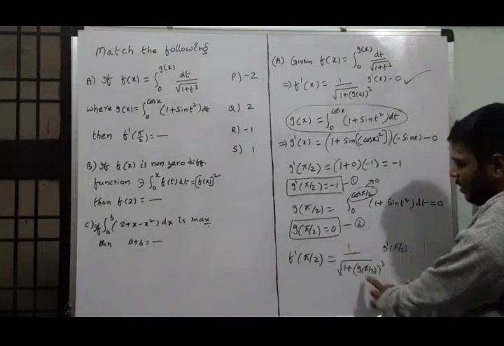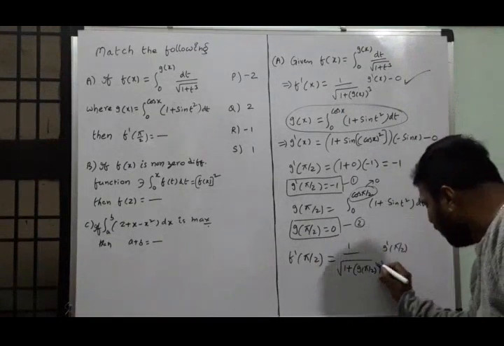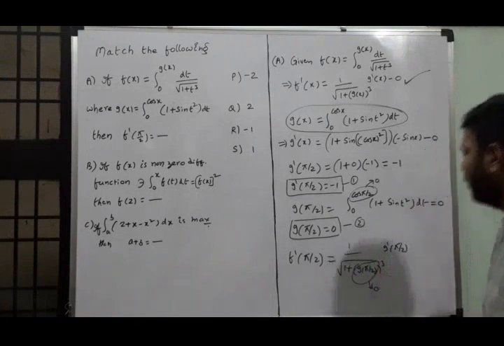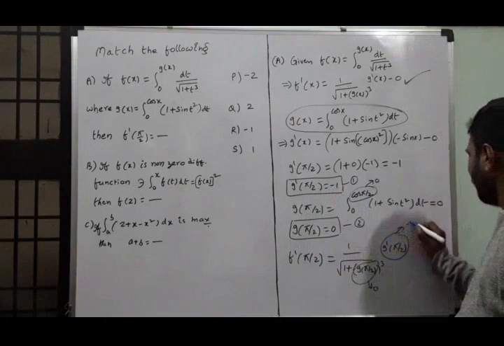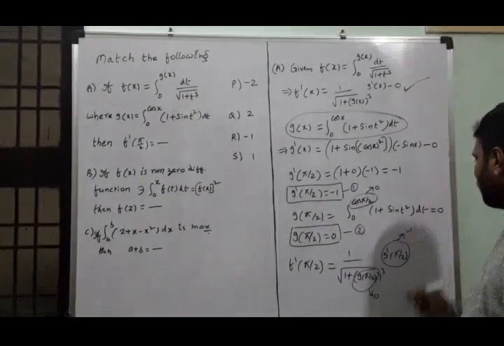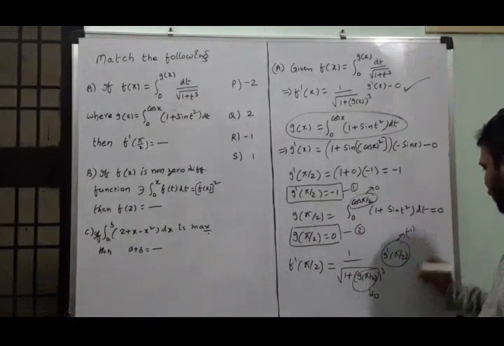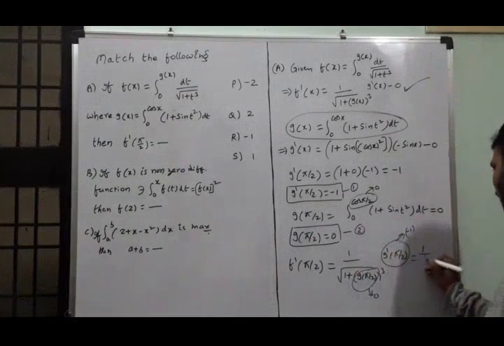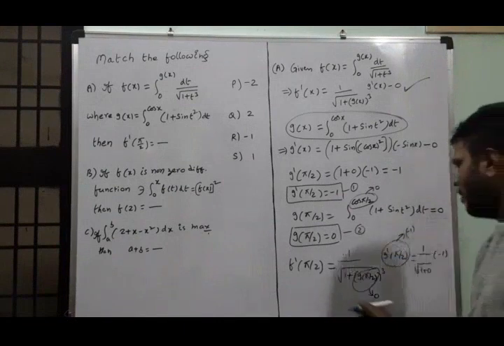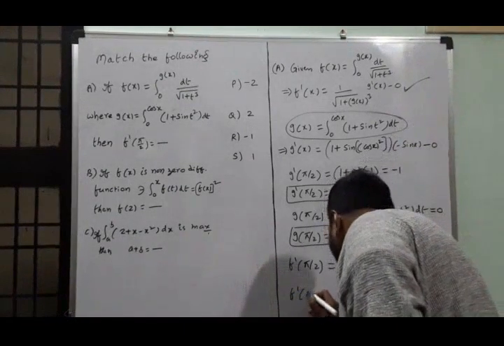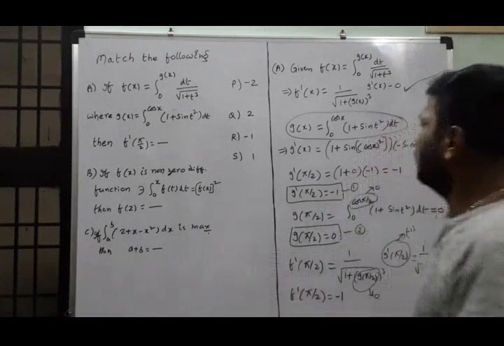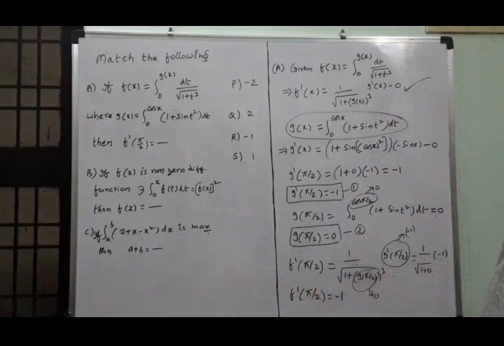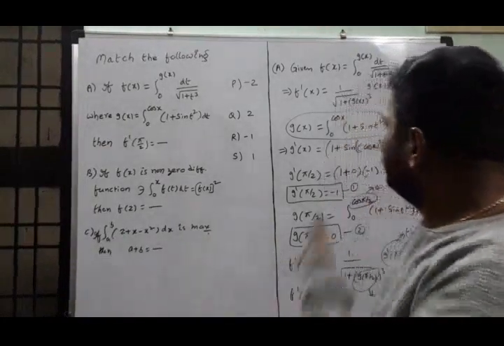What is g of pi by 2? 0. So this value is 0. What is g dash pi by 2? This value is minus 1. So substitute there: 1 by root of 1 plus 0, into minus 1. So here we are getting the value of f dash pi by 2 is minus 1.